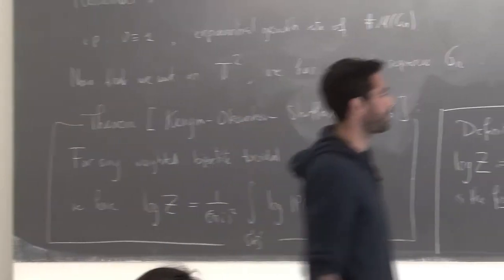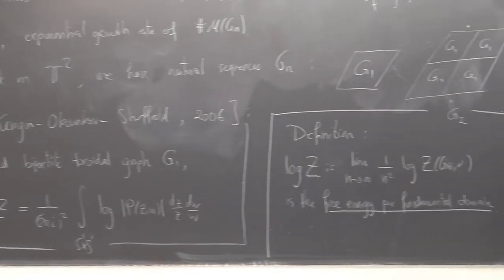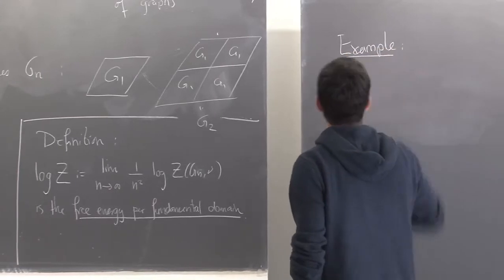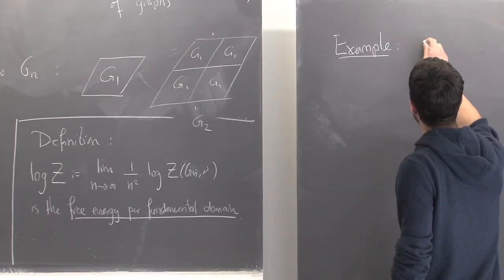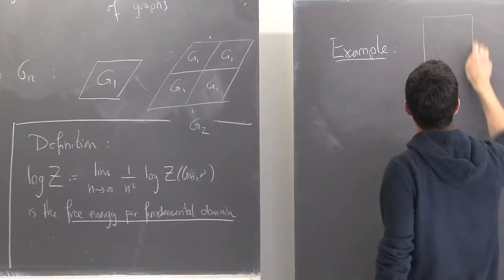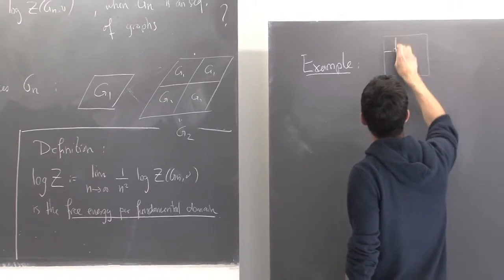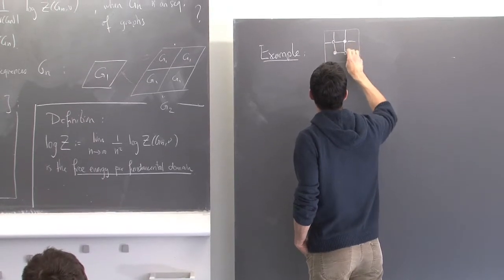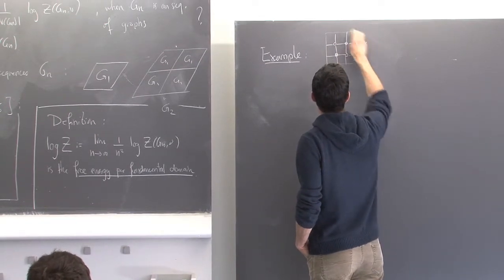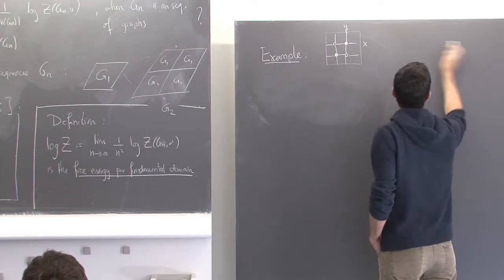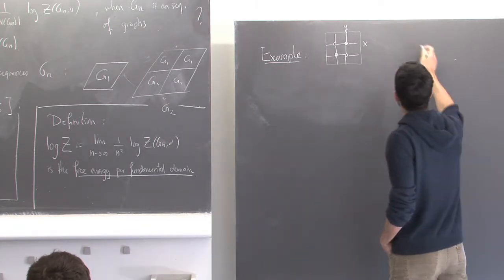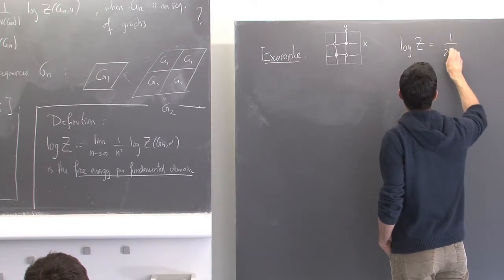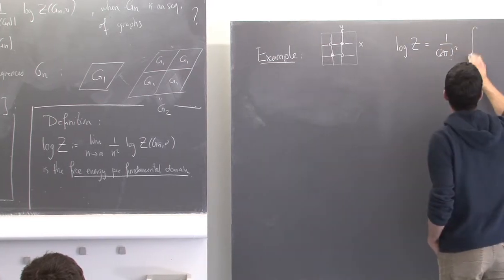So maybe just as an example, if you take the square lattice with this fundamental domain, so with x and y's, what do we compute? So what do we get? We get something like log z is equal to 1 over 2 pi squared.